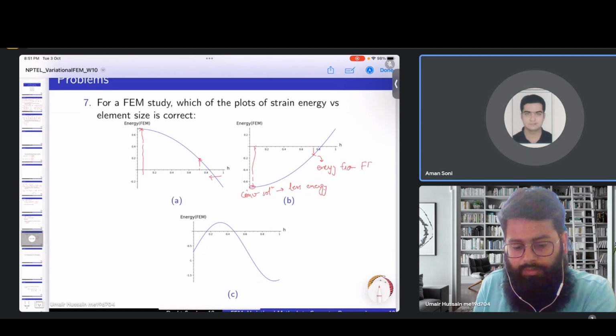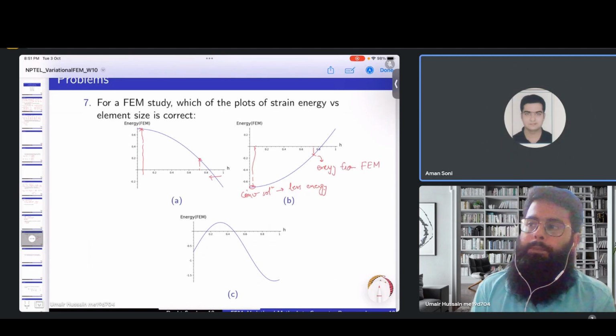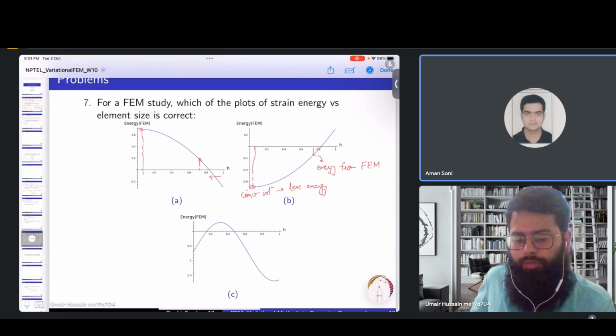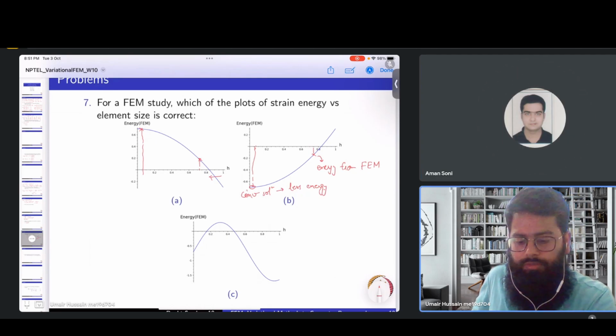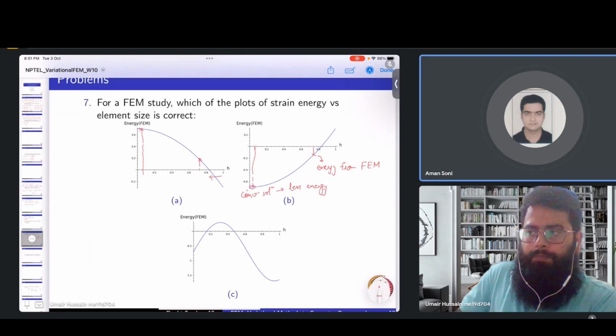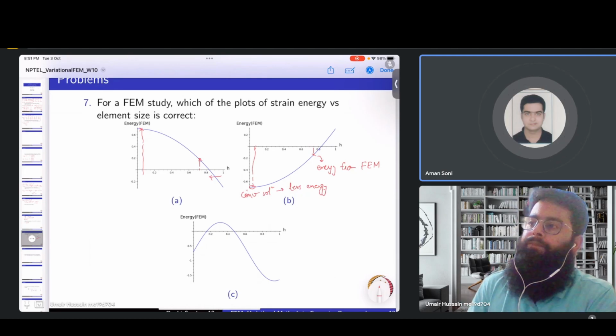But I didn't understand: this horizontal axis also represents the actual level of energy for the exact solution? Horizontal, you mean this h axis? Yes.